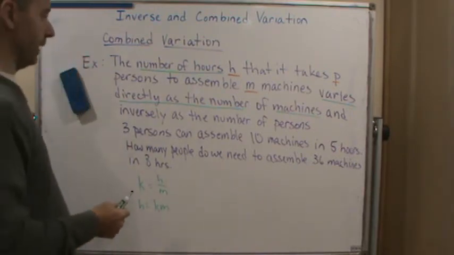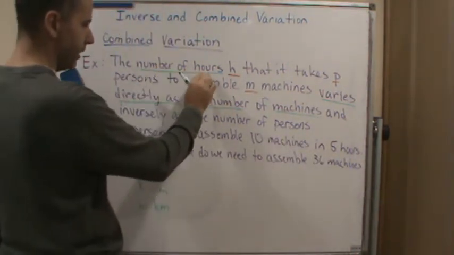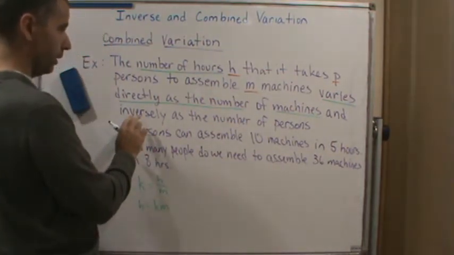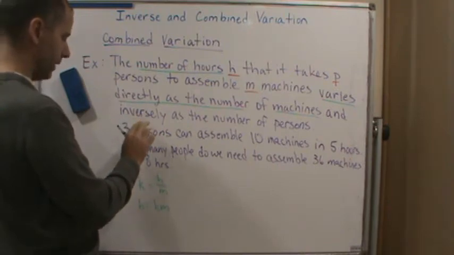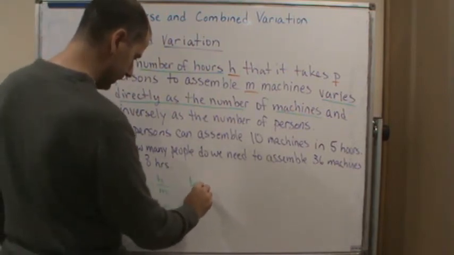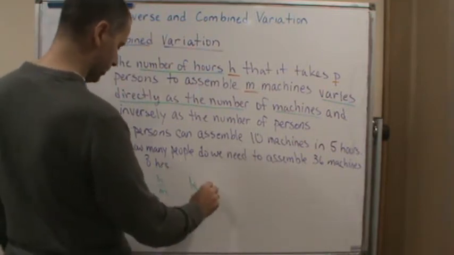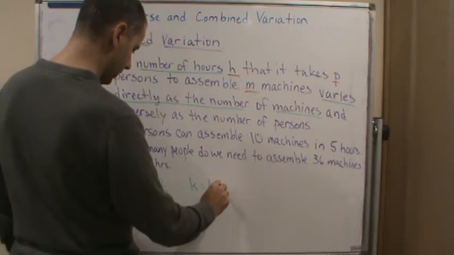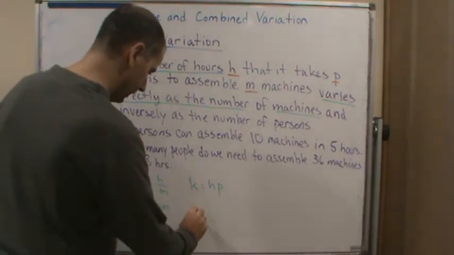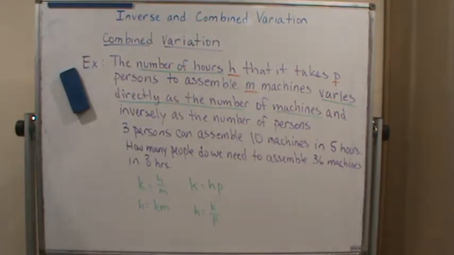Now, what does it also say? It says, and inversely as the number of persons. So the number of hours varies inversely as the number of persons. So that means K equals what? It's going to be the product of the two, so it's going to be H times P. Or in other words, H equals K over P. Okay?